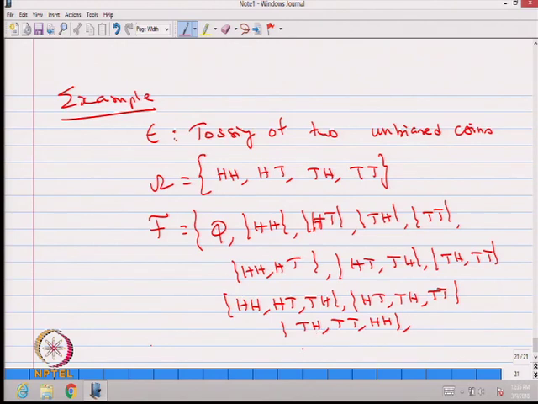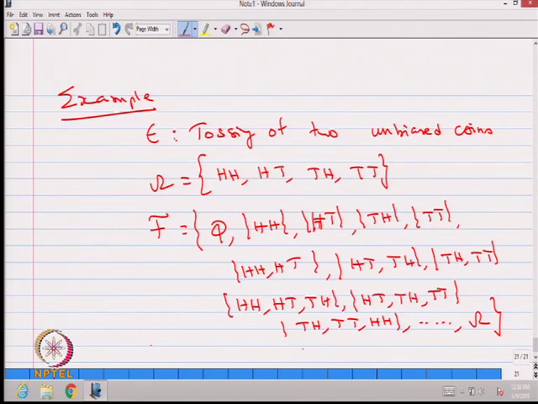So, the largest sigma field consists of 16 elements. Instead of writing other elements, I am just putting a dot dot dot. You can fill up all the other elements, so that this is going to be the largest sigma field.